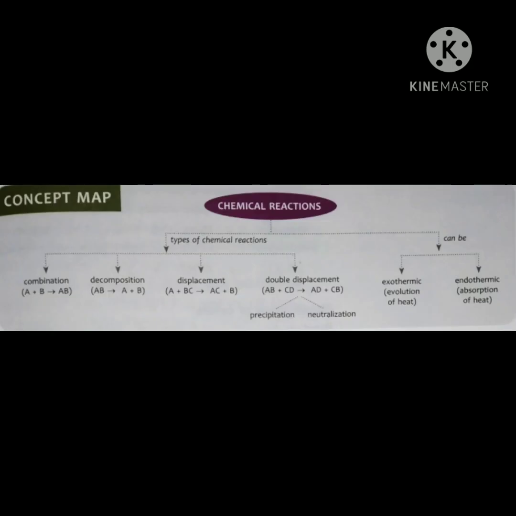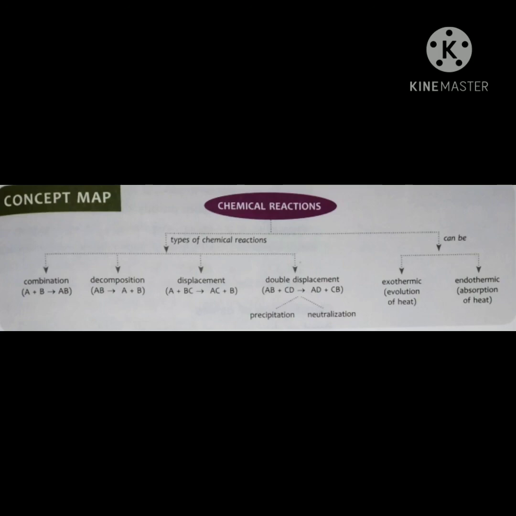See the concept map. There are four types of chemical reactions: combination, decomposition, displacement, and double displacement reaction. If in a double displacement reaction a precipitate is formed, then it is a precipitation reaction, and if an acid reacts with a base to give salt and water, it is known as a neutralization reaction.